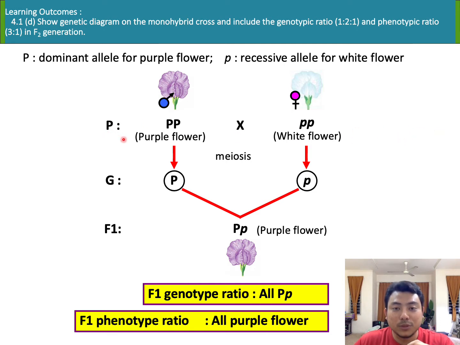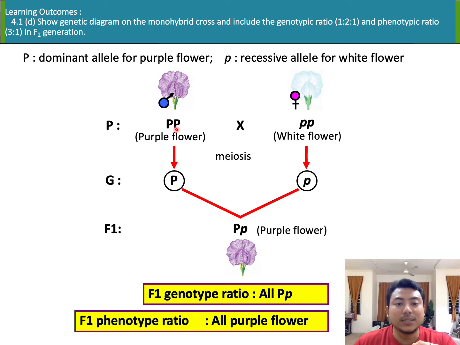So if you did not write all of these labels, even though you have all the details correct, your marks might be 0 for this part. So do be careful. Write in full, line by line. You start here with P. P generation stands for parental generation. If you just put the symbol P, it is still acceptable.